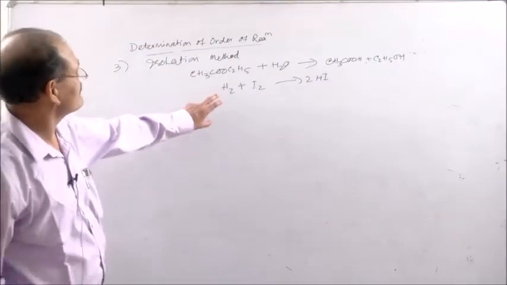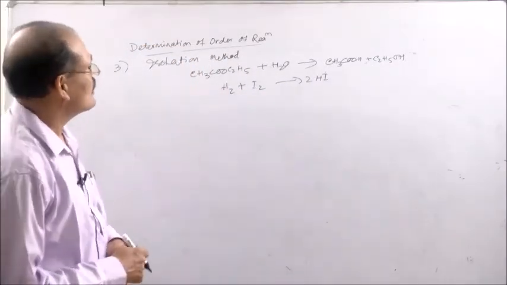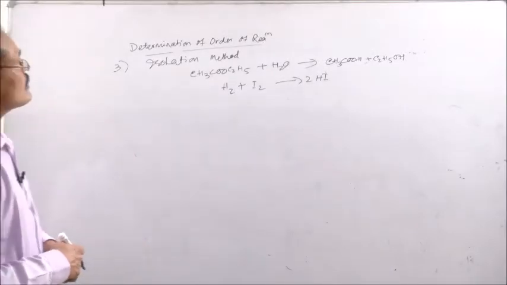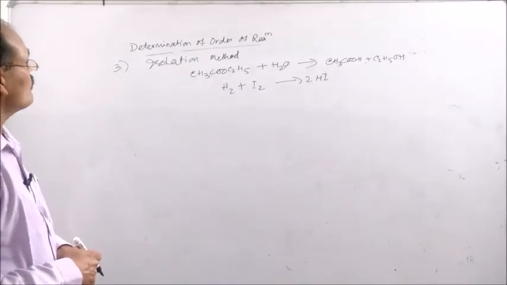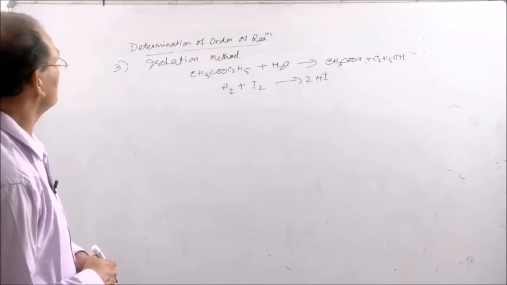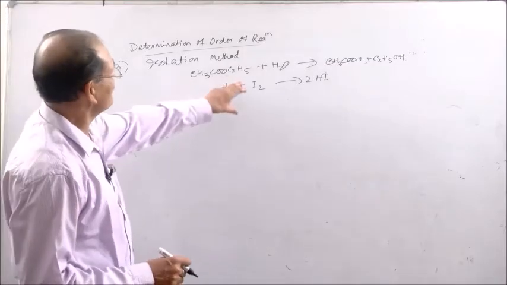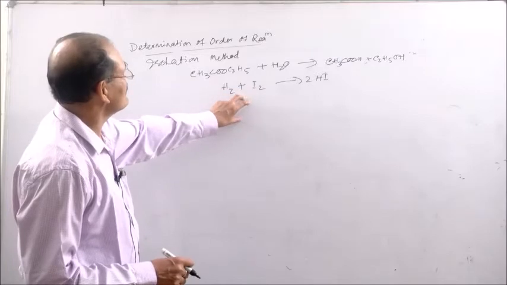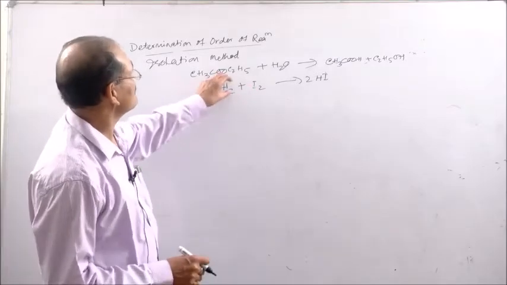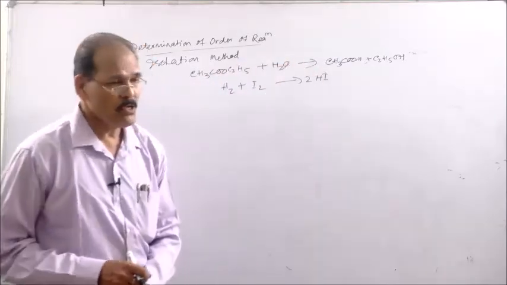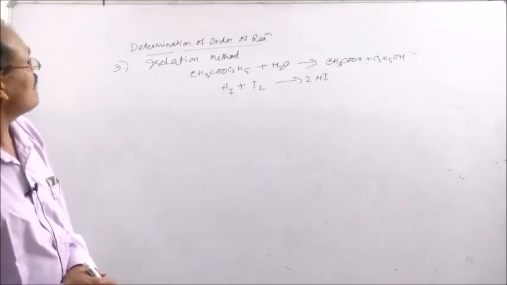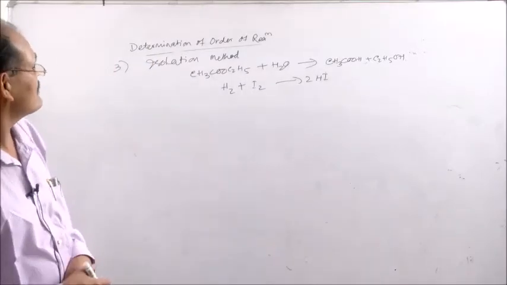reactant is in large excess compared to the other, then the concentration which is very low can be neglected. Suppose in that case the water concentration does not vary with respect to time; after the reaction the concentration remains the same.